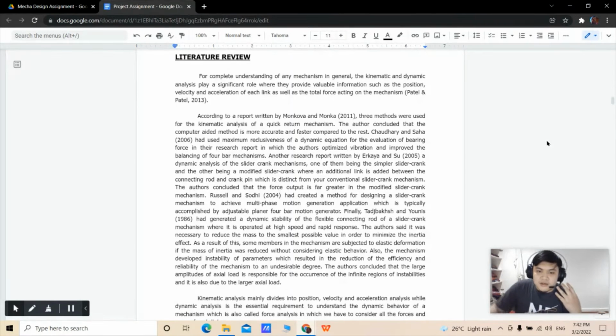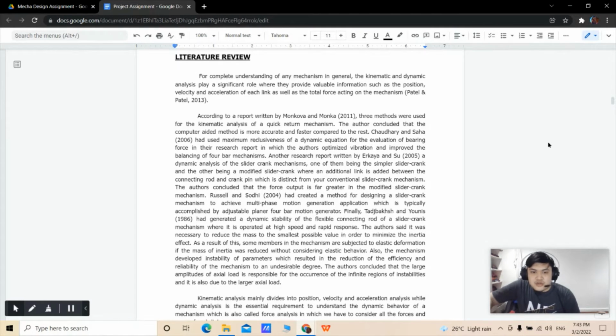And another research report, written by Urkaya and Su, did a dynamic analysis of slider crank mechanisms, one of them being the simpler slider crank, and the other being a more modified slider crank, where an additional link is added between the connecting rod and the crank pin, which is distinct from conventional slider crank mechanisms. The authors concluded that the force output is far greater in the modified slider crank mechanisms.